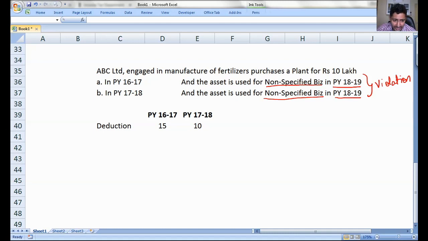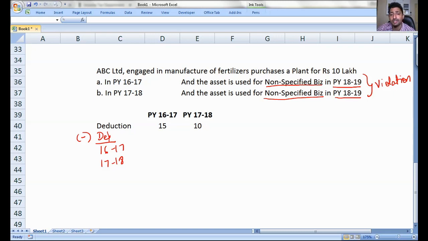So in this case, first case, the asset was added in 16-17. If it was added in 16-17, assume as if the asset was added for a non-specified business. Now you could have claimed depreciation. Depreciation could have been claimed for 2 years, 16-17 as well as 17-18, because remember the violation is in 18-19. So 2 years depreciation you could have claimed.